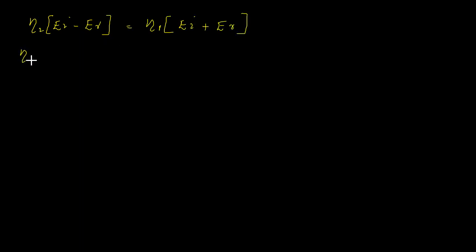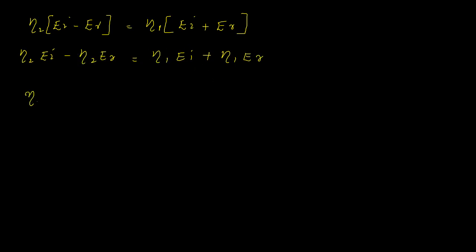Multiplying, eta 2 EI minus eta 2 ER is equal to eta 1 EI plus eta 1 ER. Bring the EI terms to one side and the ER terms to the other.